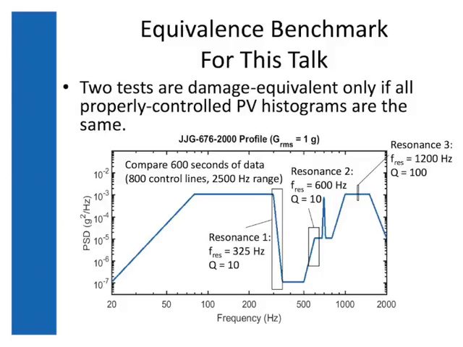Now that assumes that you know what the fatigue exponent is for your product, and in many cases that isn't known or isn't even knowable because the product is made of multiple materials. And so for the next few slides, I'd like to say that two tests are damage equivalent only if all properly controlled histograms, so provided that you actually have a resonance that is fully seeing the kurtosis that you're applying, if all properly controlled histograms are identical.